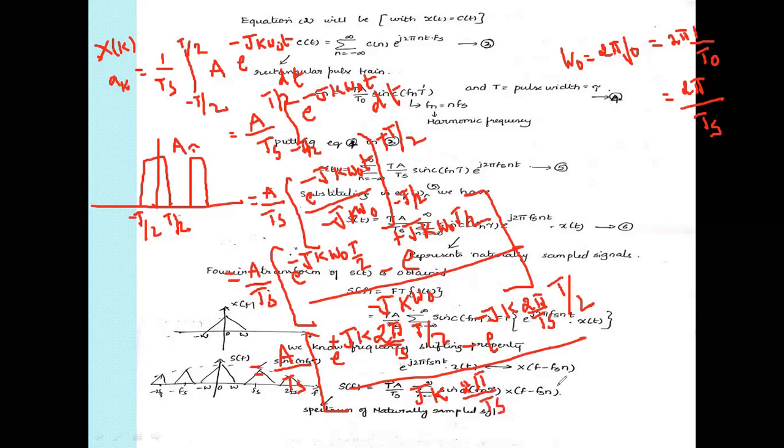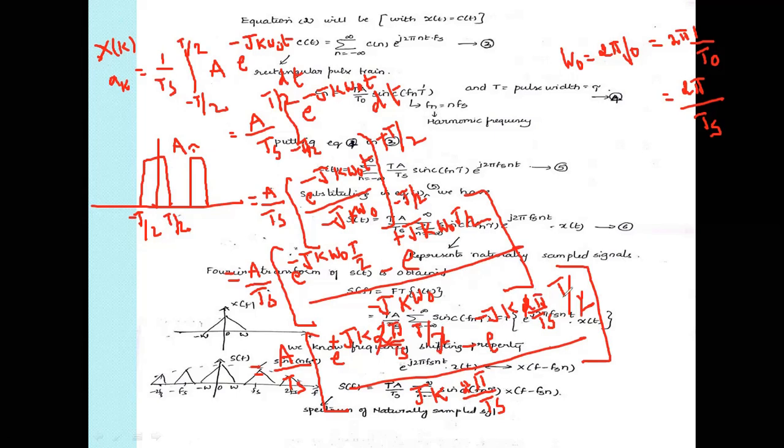Got it, my dear students? From the analysis equation, we take that as x of t, the given function with amplitude A and with the duration of minus tau by 2 to tau by 2. Simplify this expression, as we consider x of k as a of k. Cancel the terms here, and the 2 and 2 also.